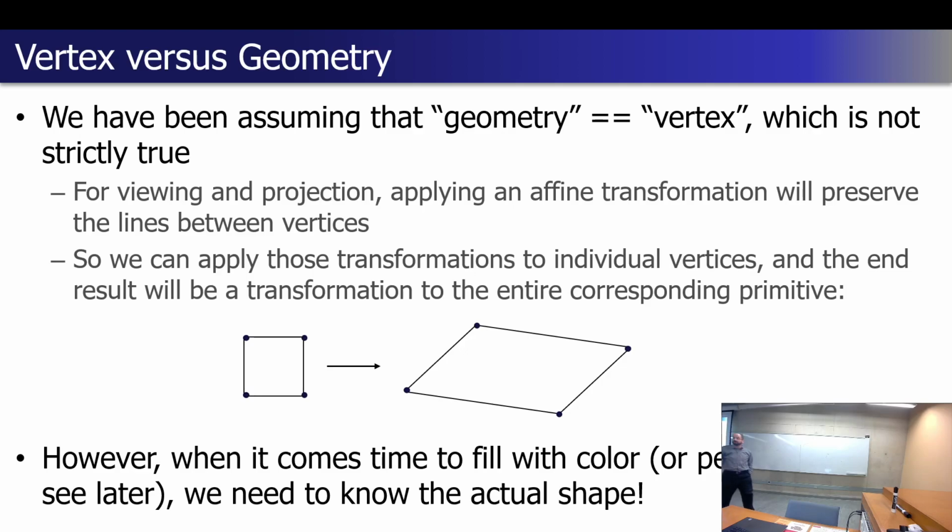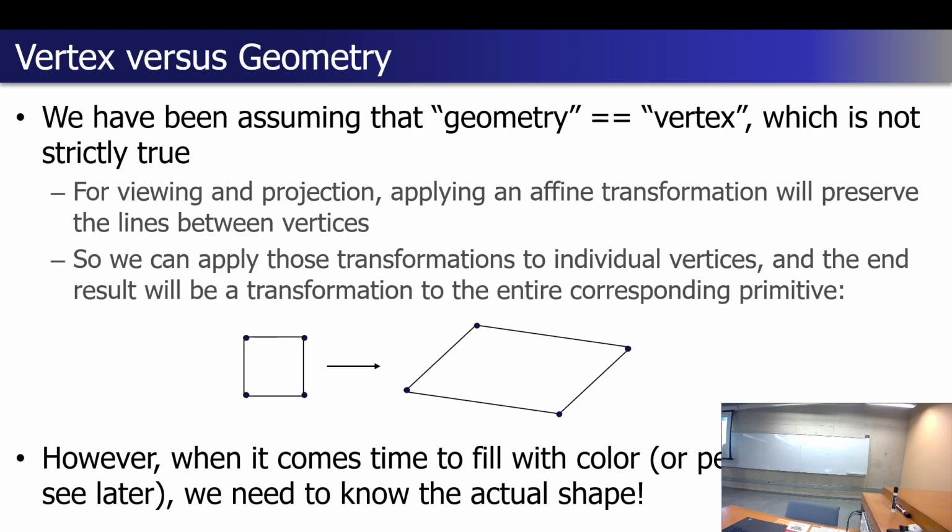As long as we limit ourselves to that, it doesn't become a hexagon or something like that after we apply that transformation. Then there are a series of assumptions we can make about how we specify our geometry such that vertices and geometry have that kind of one-to-one relationship here. We can do the transformation on a vertex by vertex basis.